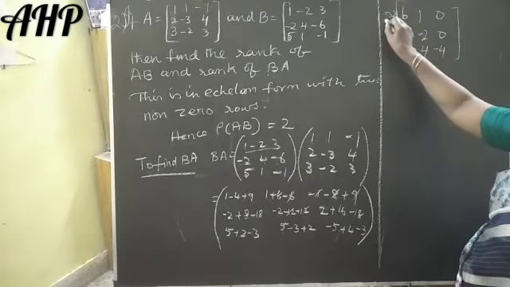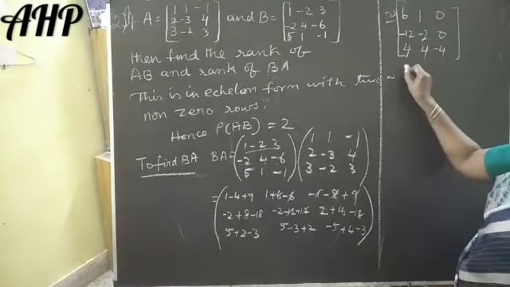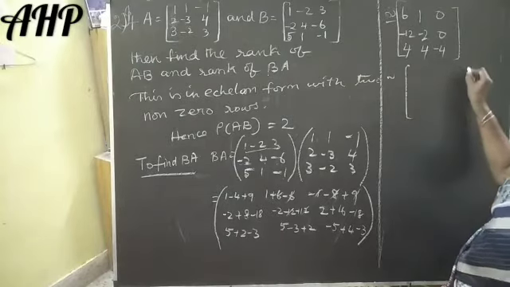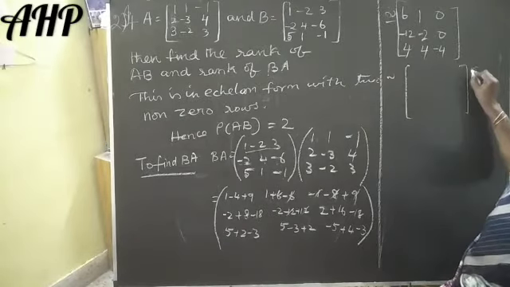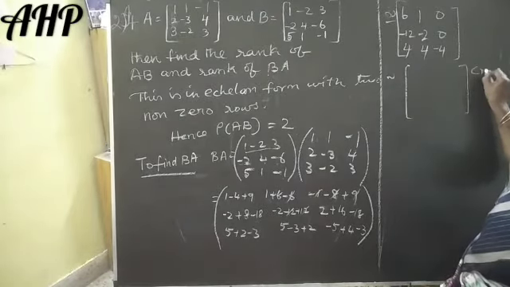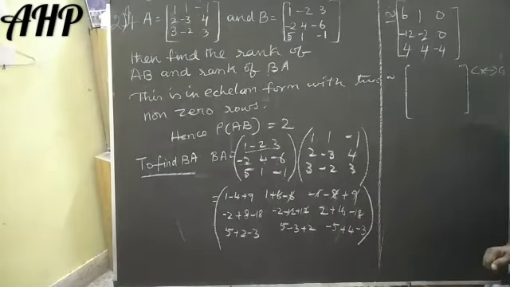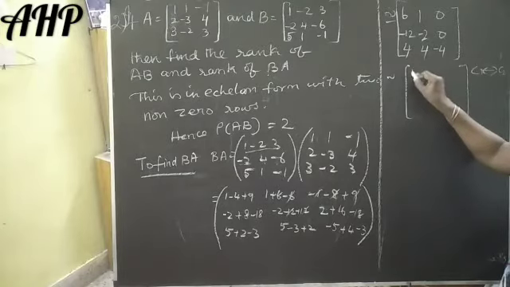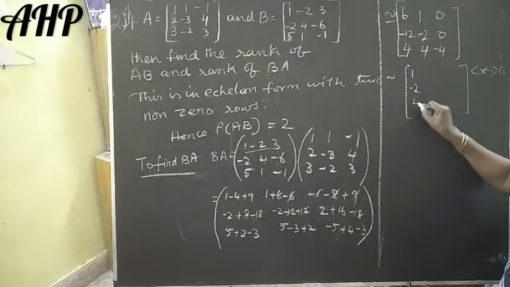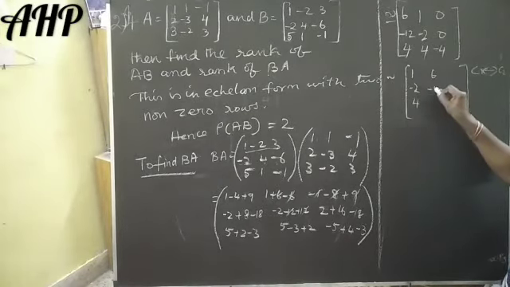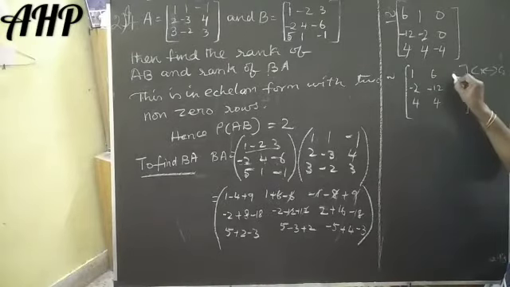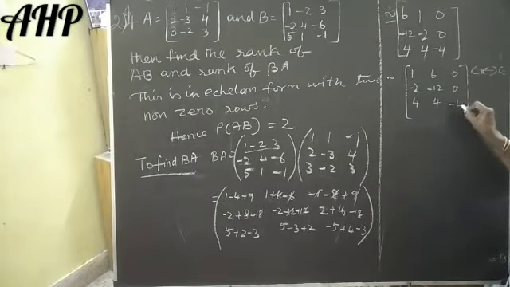So this is equivalent to C1 to C2 and C2 to C1. So this is going to be 1, minus 2, 4, 6, minus 12, 4, 0, 0, minus 4.